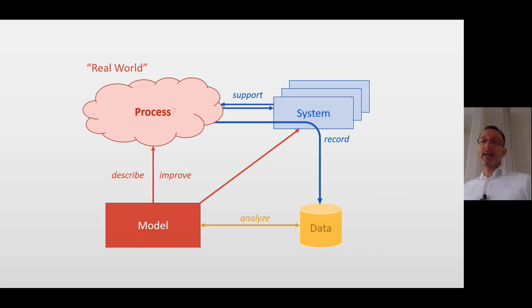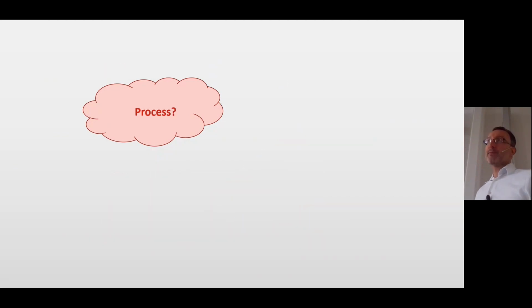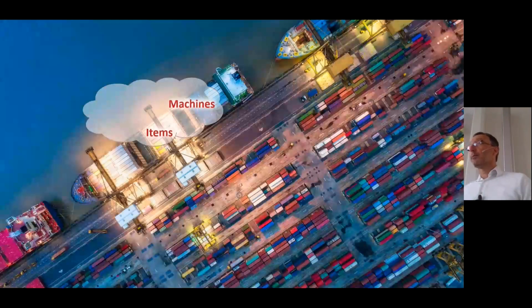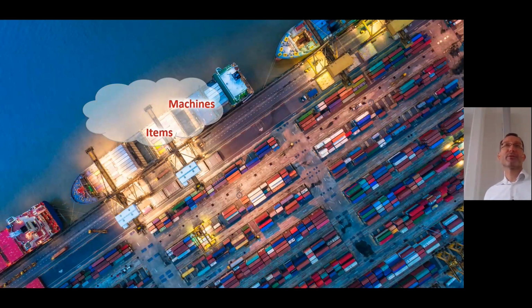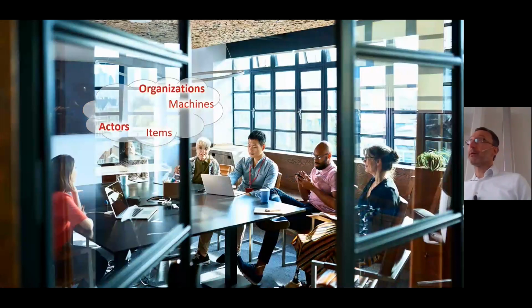So let's have a look at this process. What is a process? Processes happen in the real world. For example, in logistics, when we let machines move around items. That's not the first kind of process you think of, but they're happening. We have processes where people work in organizations. They're actors, so they do things according to what the company is doing, but also on their own.